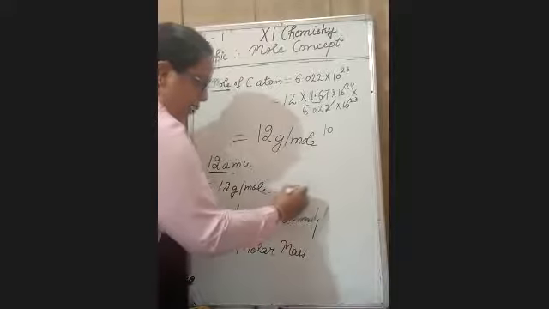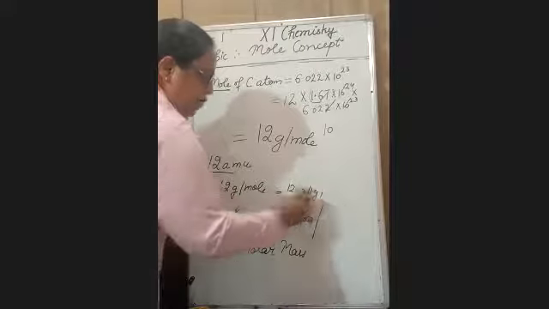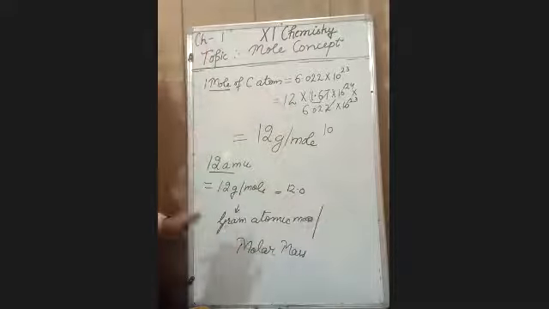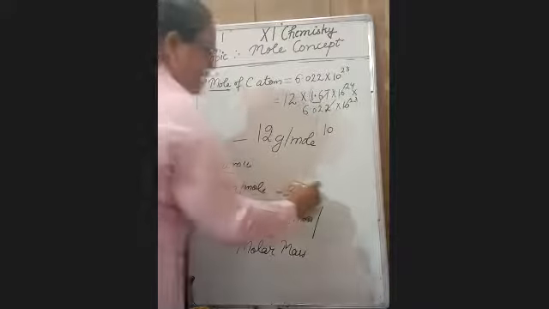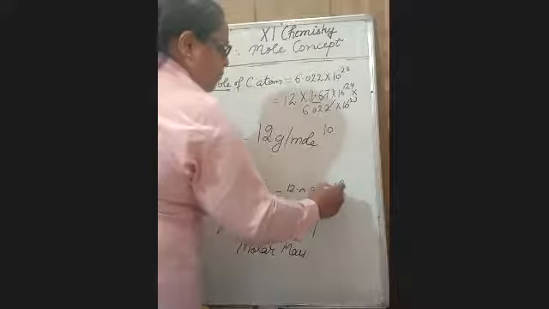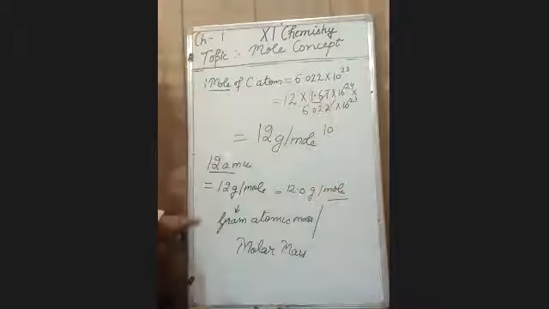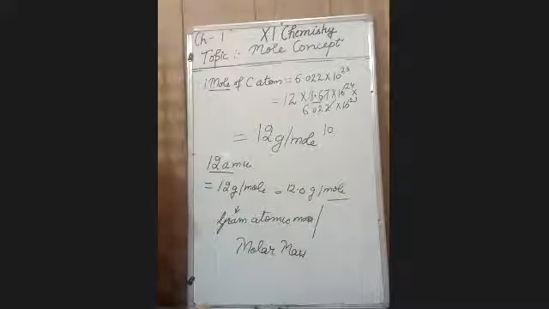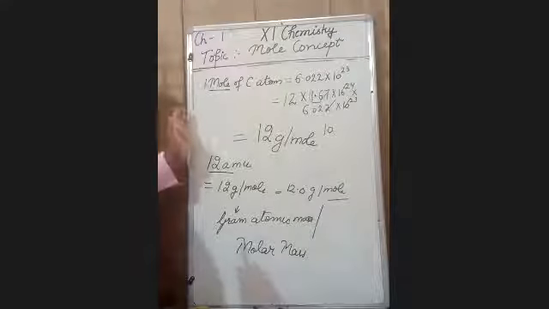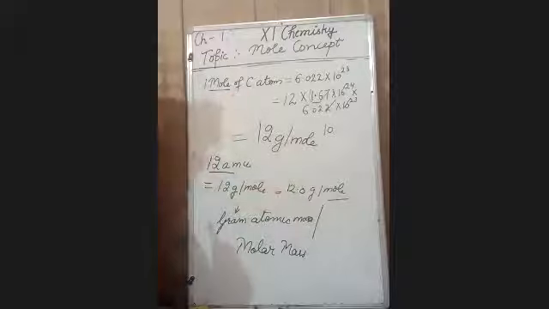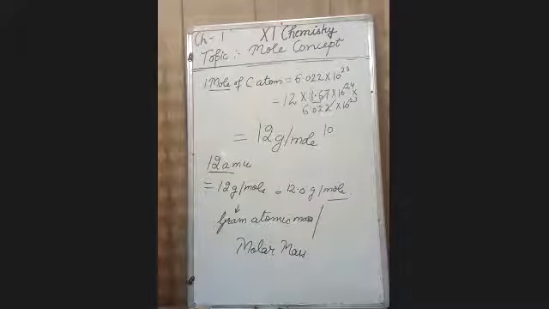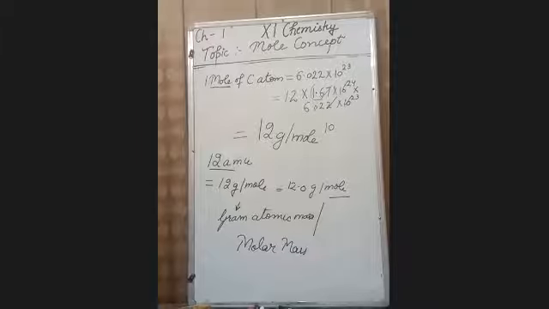Actually, it is 12.011 gram per mole, but we generally take it as 12 gram per mole. My dear students, this is the very easiest method which I am going to discuss in this whole lecture. It is the easiest way to learn the mole concept.